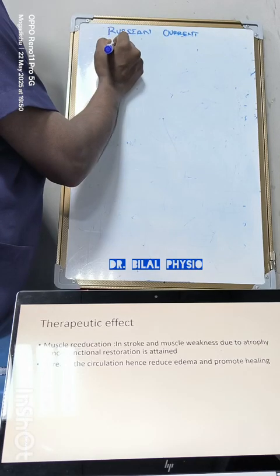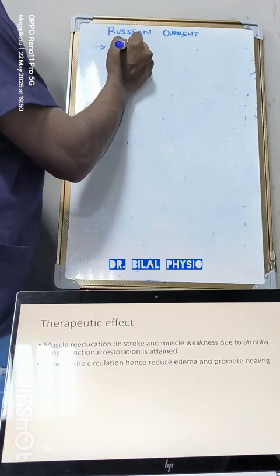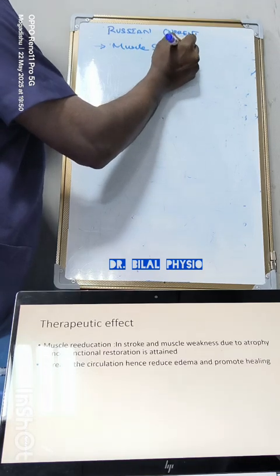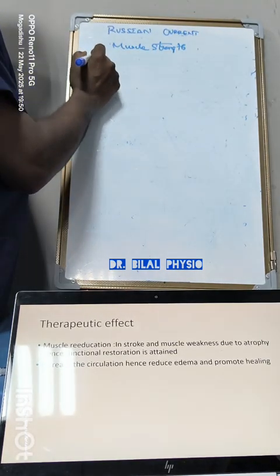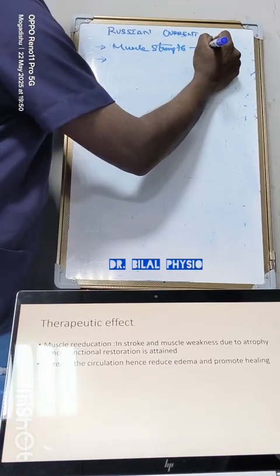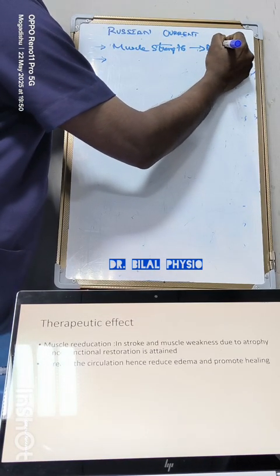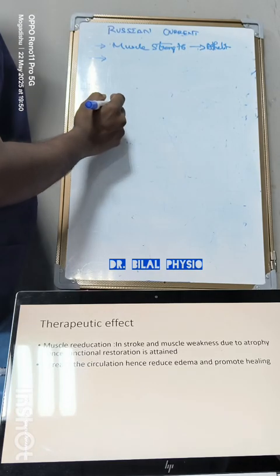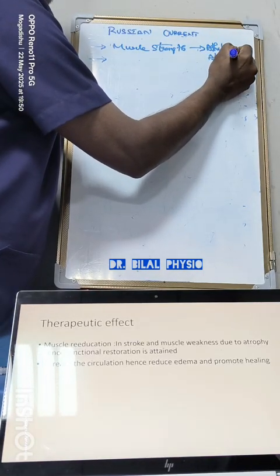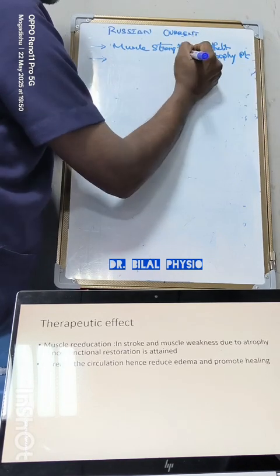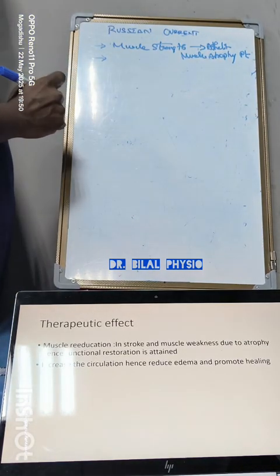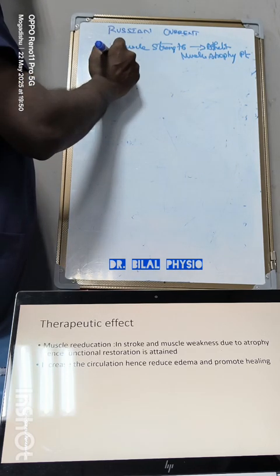It will increase the muscle strength, and it will be helpful in the case of athletes or for any kind of atrophy patients, muscle atrophic patients, and for muscle re-education.